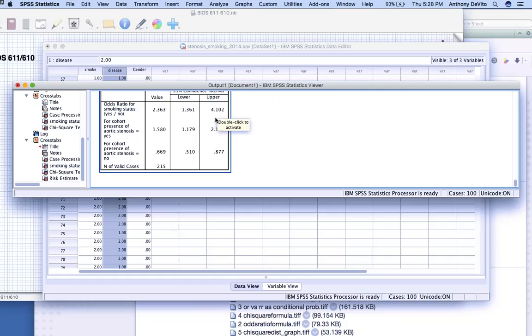What's not between those two numbers? 1 is not between those two numbers. So I know that if I'm 95% sure that the odds ratio is between these two numbers for the entire population, then I can say that it's different than 1. In other words, I can reject the null hypothesis that there's no difference in the odds. Okay?